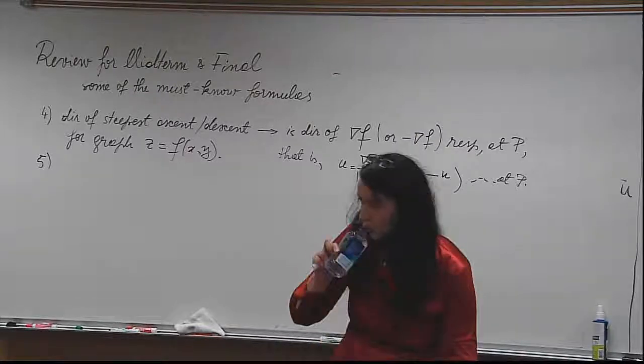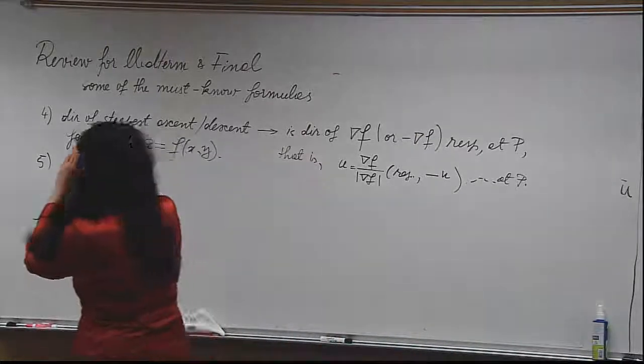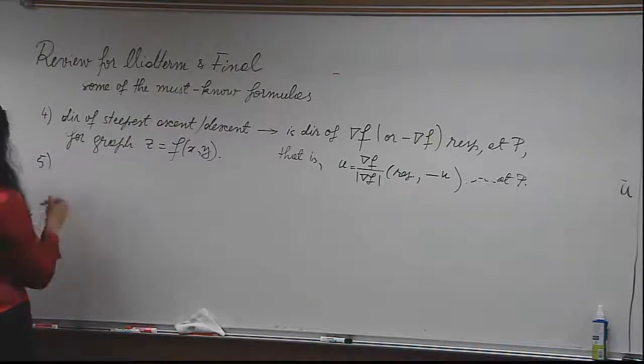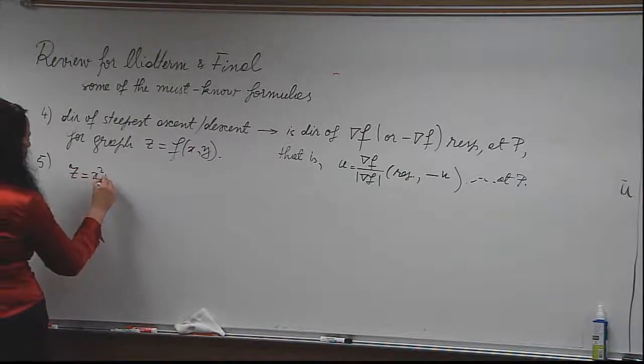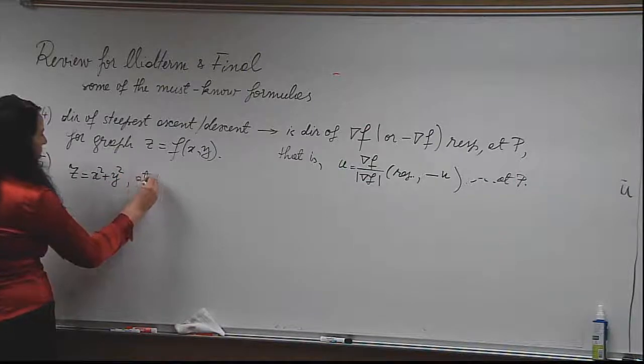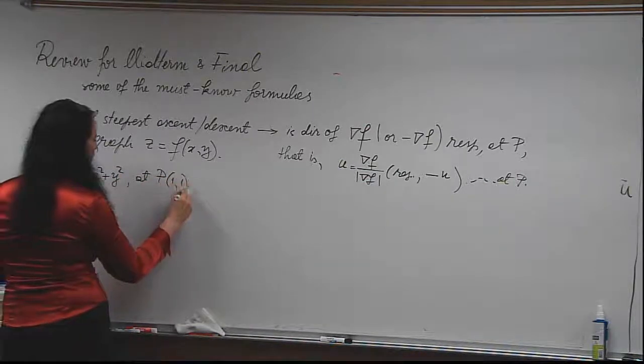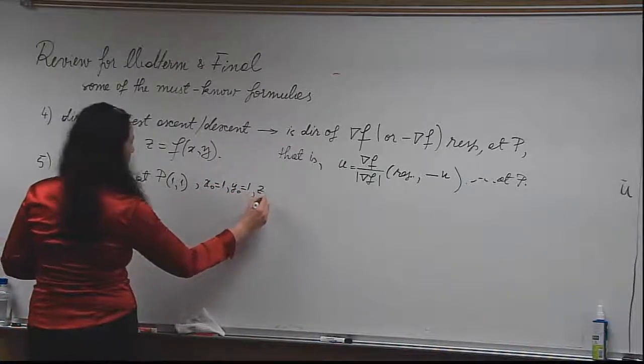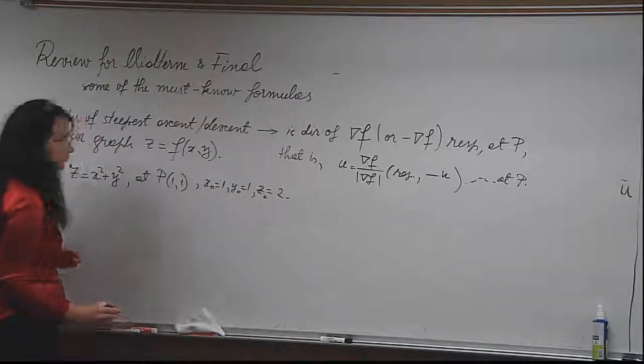Z equals x squared plus y squared. P of coordinates 1, 1. So that means x0 is 1, y0 is 1, and z0 is 2.